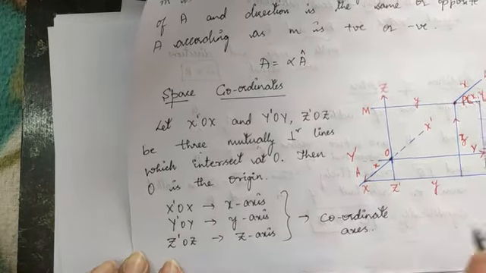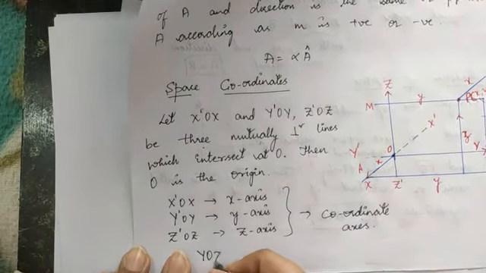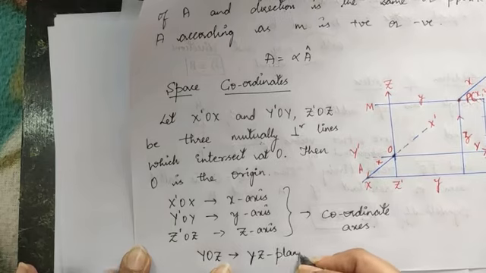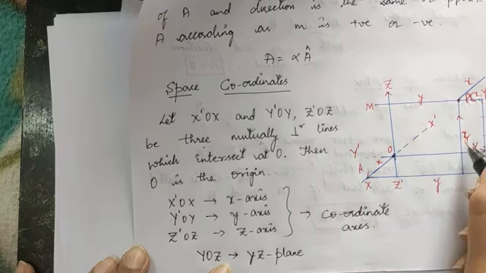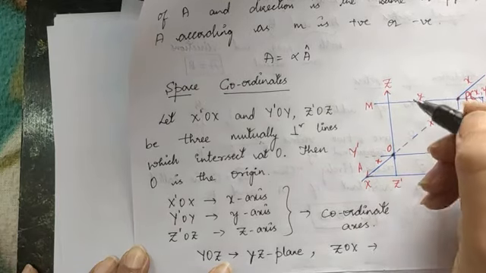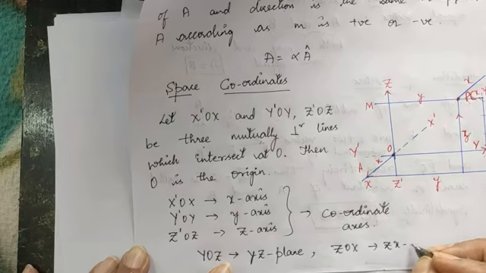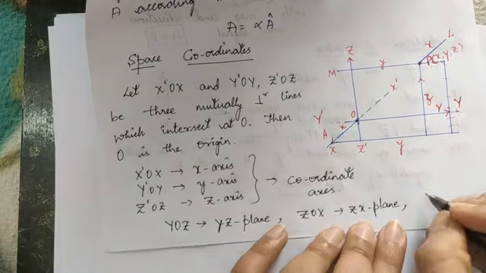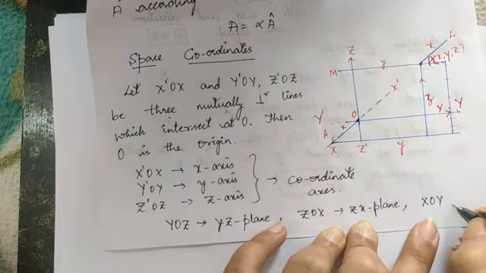Now YOZ gives you the YZ plane. ZOX gives you the ZX plane. Similarly, XOY gives you the XY plane.